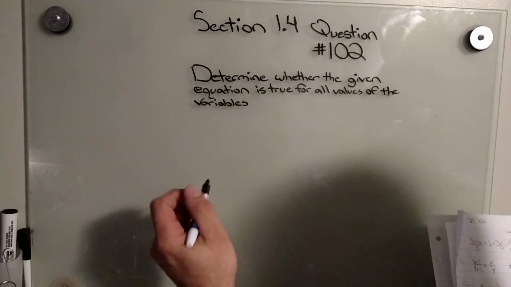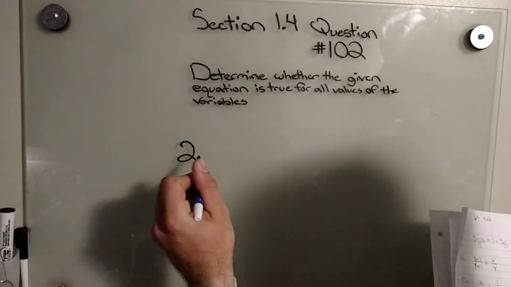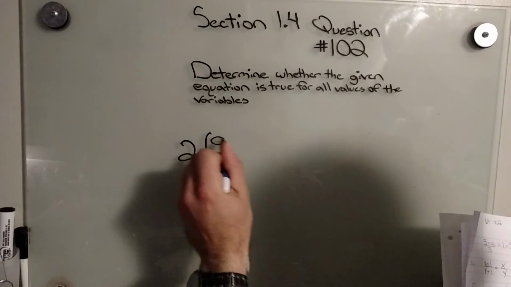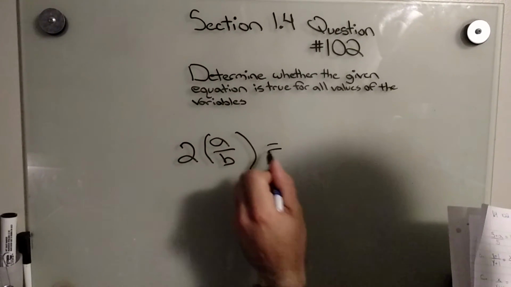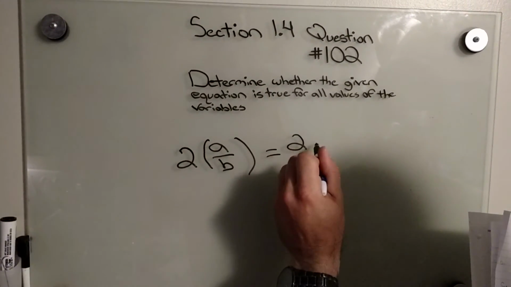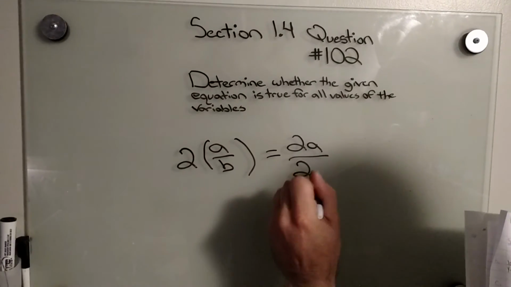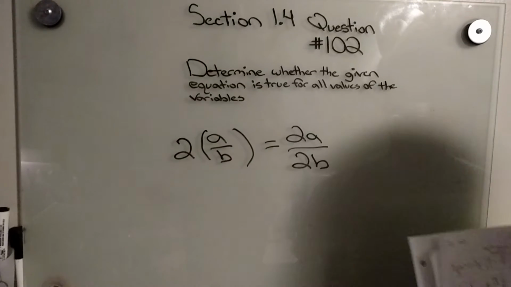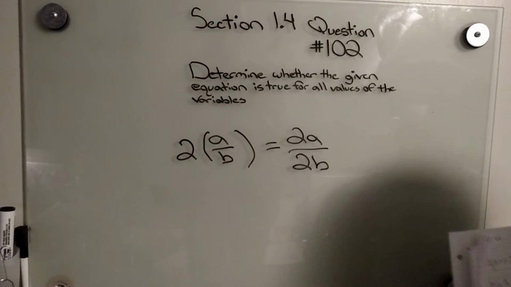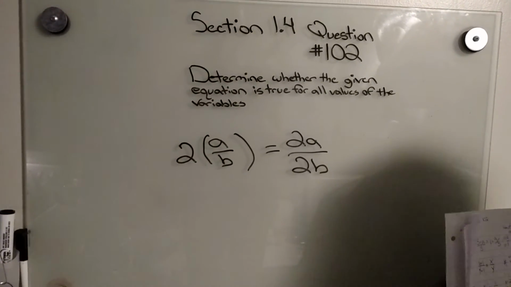Now for our next one, we're given 2 times a over b equal to 2 times a over 2 times b. This one again is proven to be not true, and we'll provide the examples.